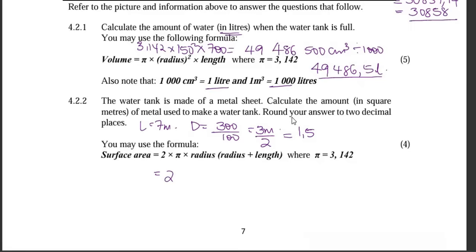So we substitute into the formula: 2 times 3,142 times 1.5, open brackets, 1.5 plus 7.